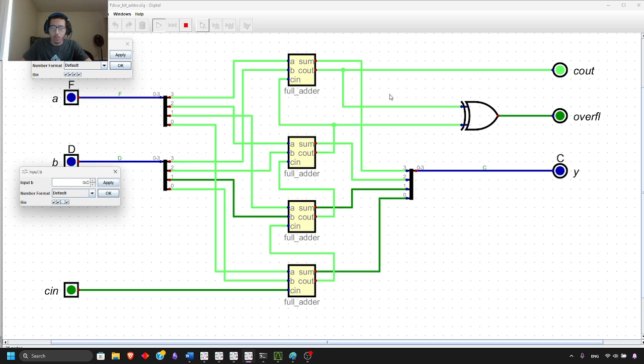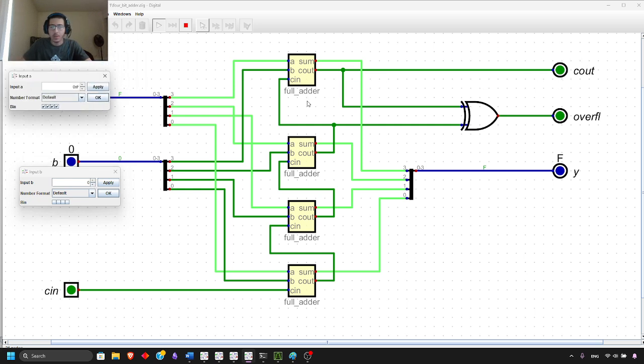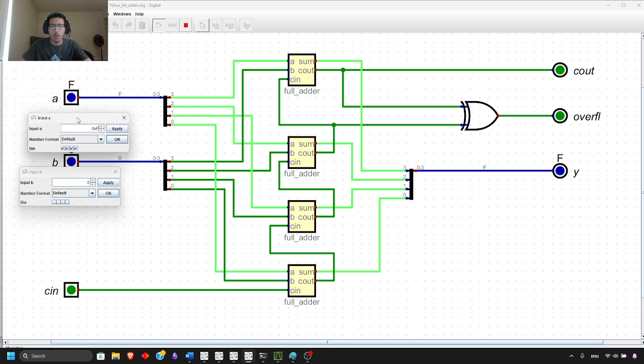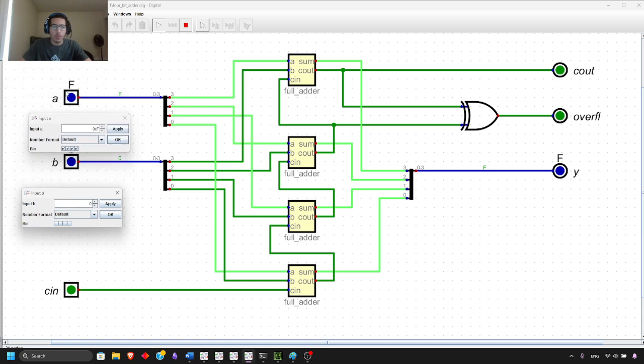So it's already happened. And yeah, carry out means, if we simulate a number, these two are 4 bits, right? The carry out means we need a 5-bit number, because this is basically adding them, and F is 15 and another F is 15.